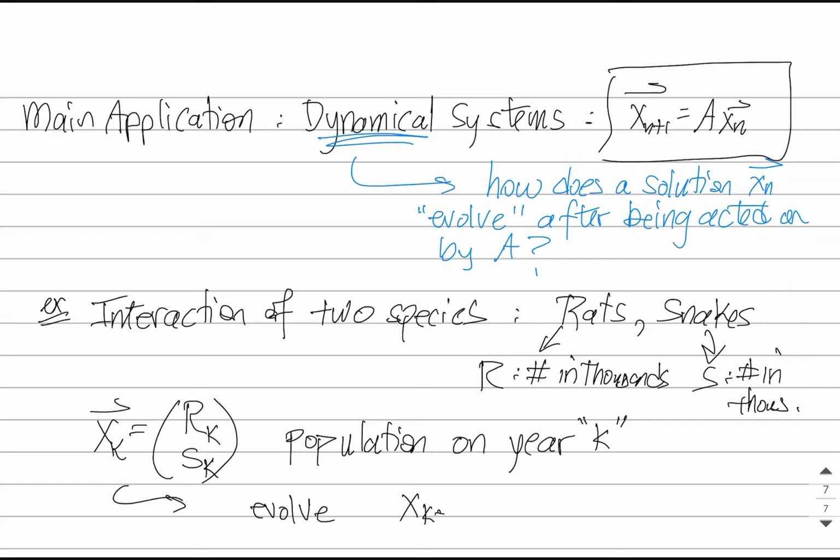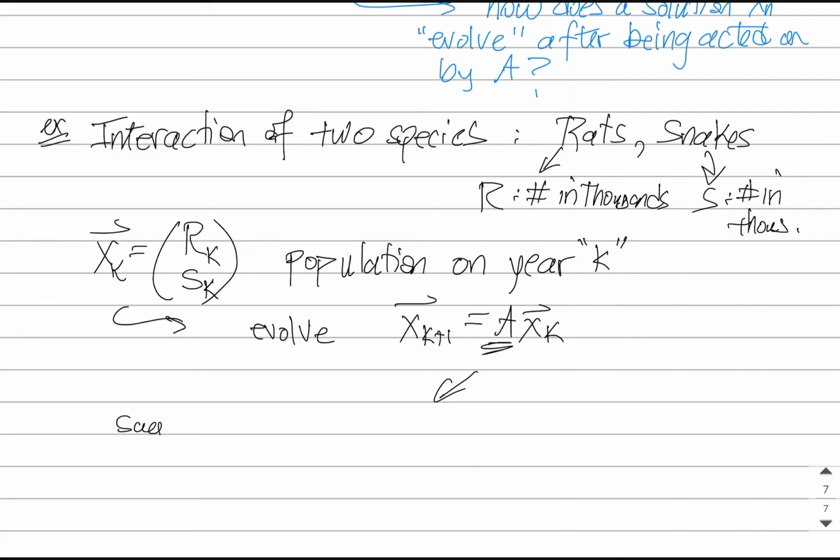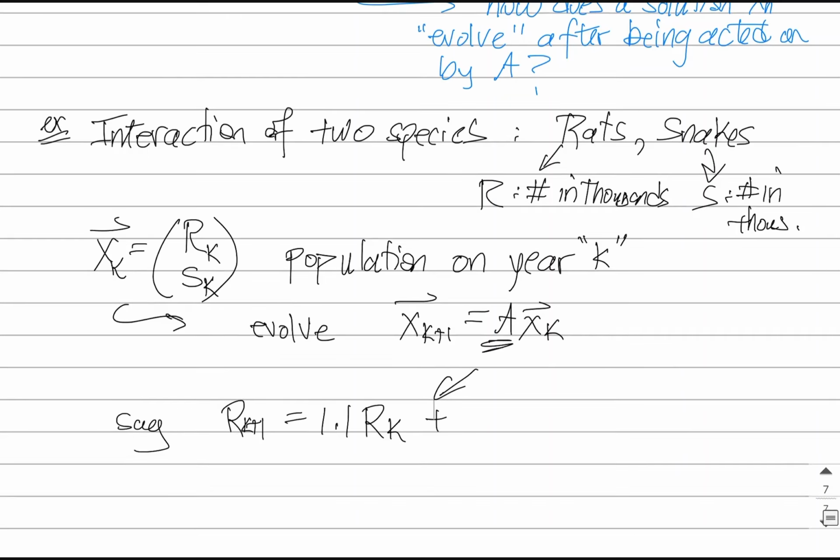We would find the population after 1 year by applying some sort of matrix. Let's say that the rat population the following year, on year k+1, grows. It's bigger than it was on the previous year, and it also depends on how many snakes these rats eat or attack. But let's also say that the snake population changes. So the snake population depends on the number of rats around and on the number of snakes that were there previously.